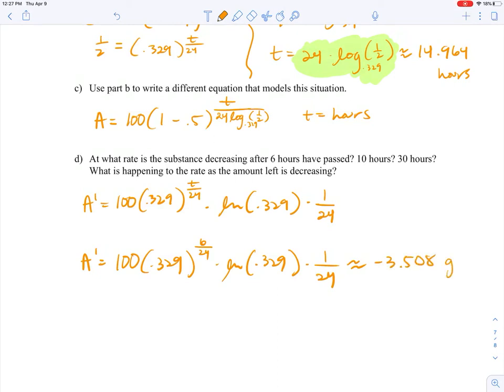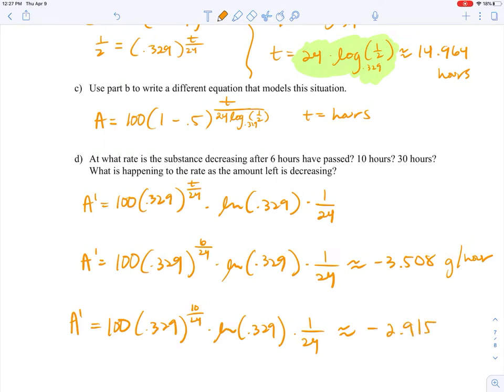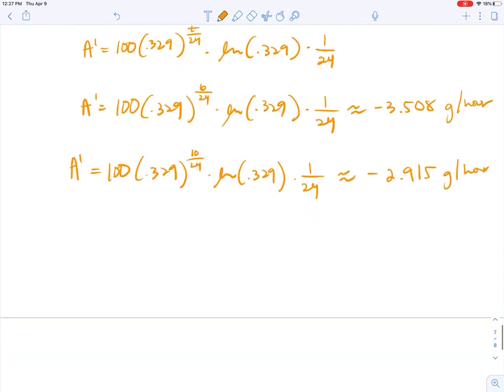And I get negative 3.508 grams per hour. It's negative because the amount is decreasing. For 10 hours, plugging 10 in for t, I get approximately negative 2.915 grams per hour.